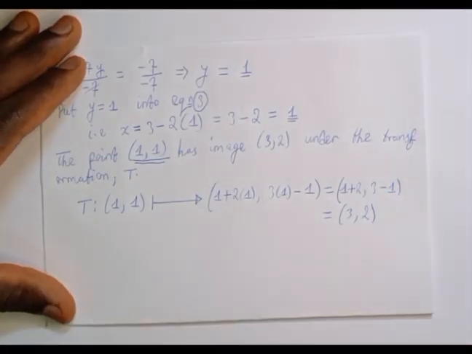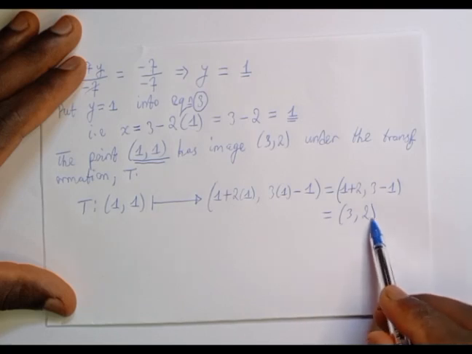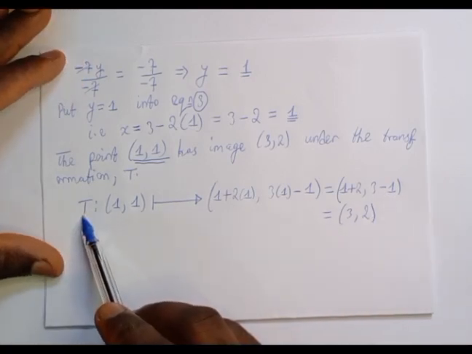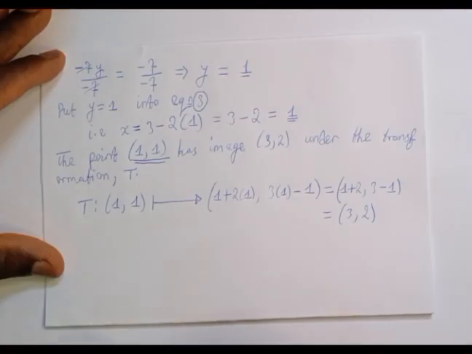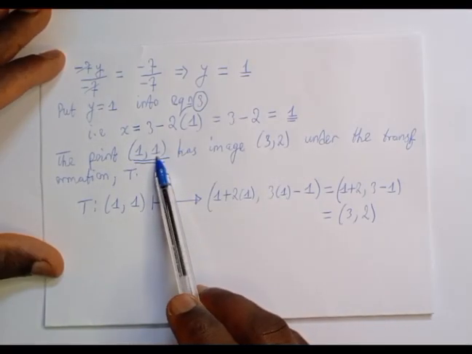You can see the point (1, 1) is mapped onto (3, 2) by the transformation T. Therefore, the point with image (3, 2) is the point (1, 1).